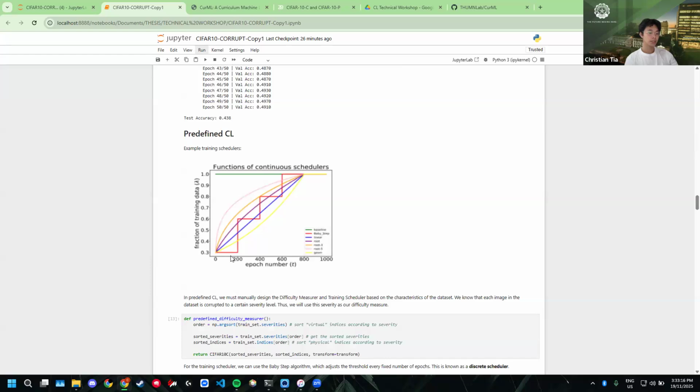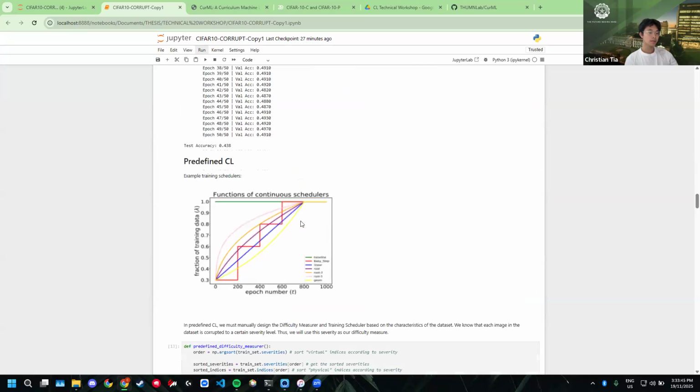This red line shows that at epoch 0 to 200, for this example, the lambda is 0.3. So only a third of the examples will be included: a third of the easiest examples from epoch 0 to 200. Since baby step is a discrete scheduler, it just jumps up to 0.6 at epoch 200, and it does the same at epoch 400. So it proceeds through these steps, hence the name.